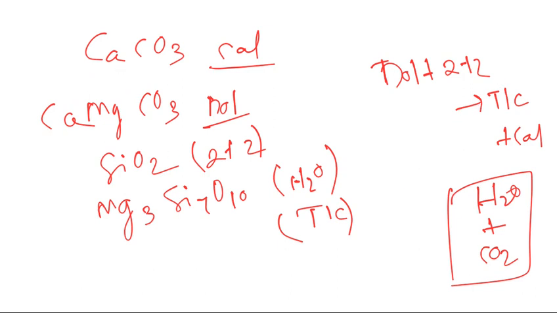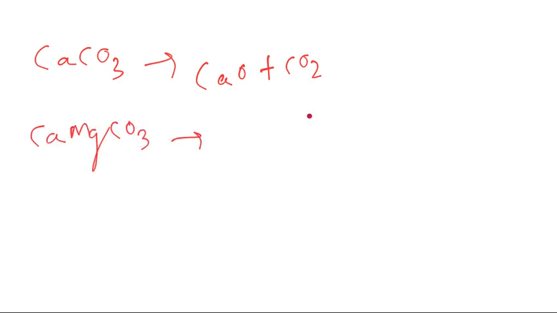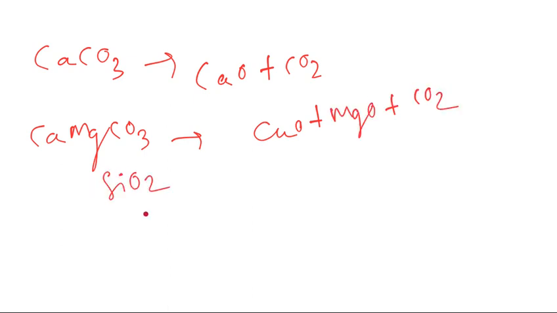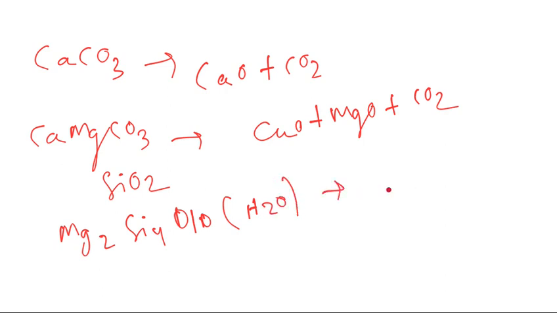Now in this, CaCO3 gives CaO plus CO2; CaMg(CO3)2 gives CaO plus MgO plus CO2; then SiO2; then Mg3Si4O10(OH)2, which is MgO plus H2O plus SiO2.